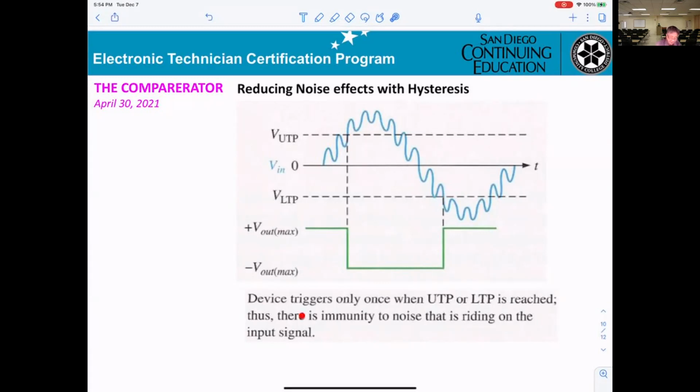You see, they say it triggers only once when the upper trigger or lower trigger point is reached. Thus, there is immunity to noise that is riding on the input signal. Basically, when the signal gets too noisy, that's why they need to use what they call hysteresis.